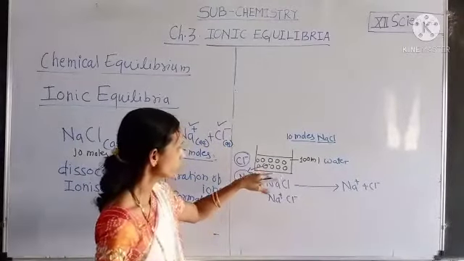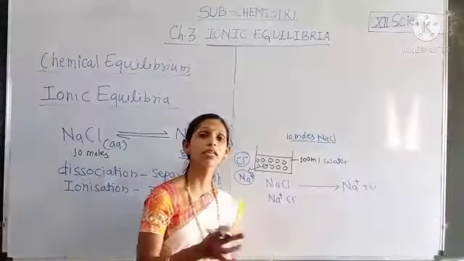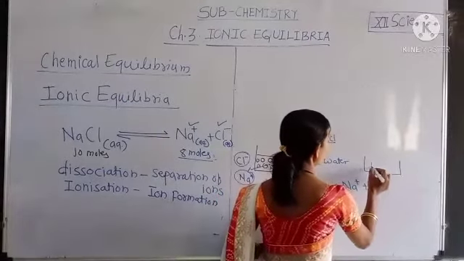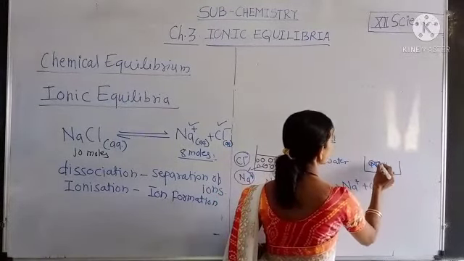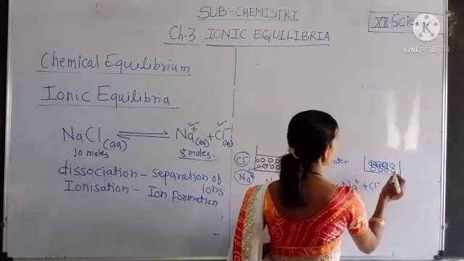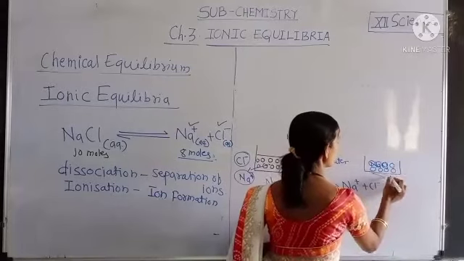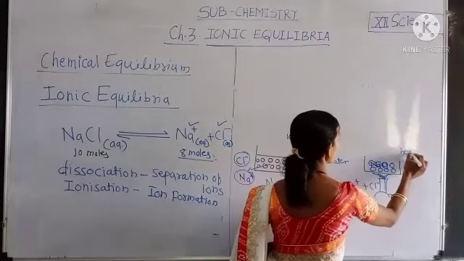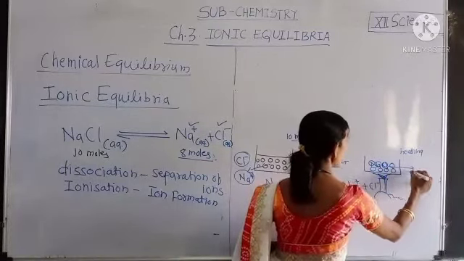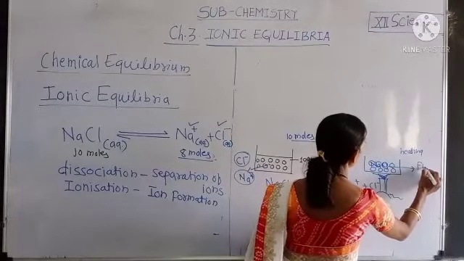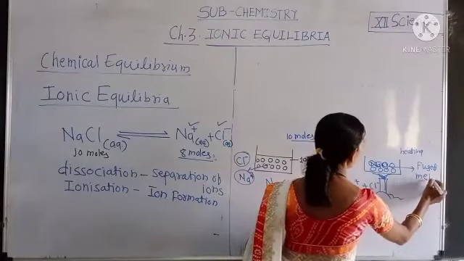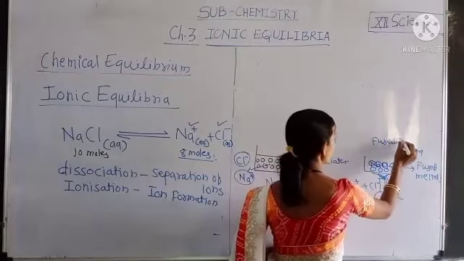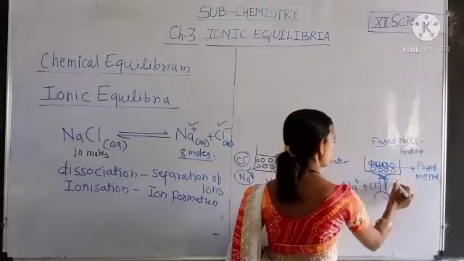That is, in aqueous medium ions get separated or dissociated, or in the fused state, NaCl, which is in solid state, when heat is provided to it, the NaCl solid particles get fused or melted. In that molten or fused NaCl, ions get separated.